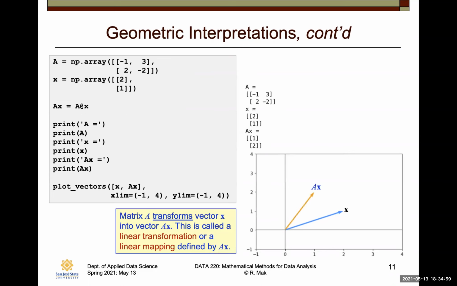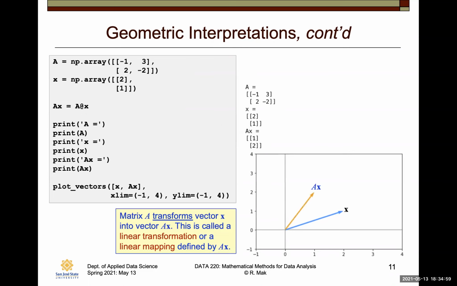So if this was x, the original x, and we multiply x by A, we get this new vector. We've done a linear transformation, or a linear mapping, of x to Ax. Just a bit of terminology there.